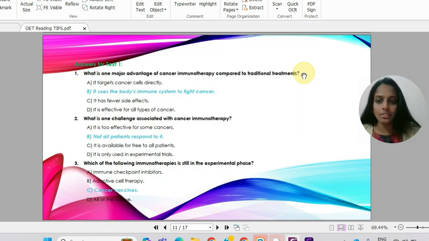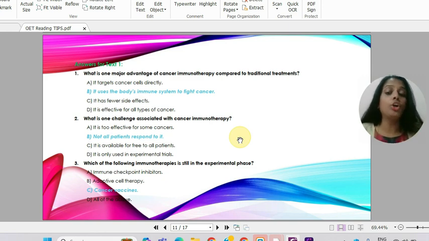And when you go back and see the second question, what is one challenge associated with cancer immunotherapy? For that, the right answer is not all patients respond to it. That is the main challenge associated with cancer immunotherapy because this text talks about the cancer immunotherapy, right? So, what is the challenge associated with this? We have seen it.